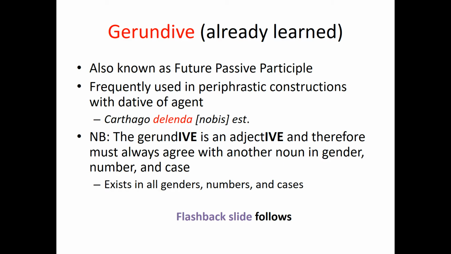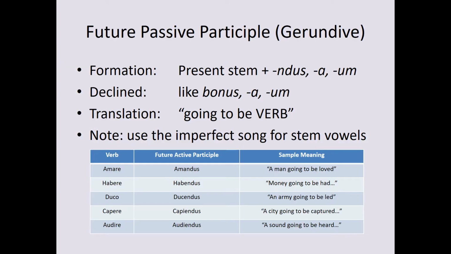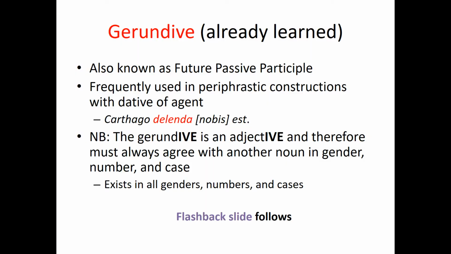So we've already talked about this topic. In fact, I have a flashback slide here that goes over the basics of how to form this thing. And so if you need a quick refresher on what this looks like, you can check here. But in reality, the most important thing to remember is that the gerundive is an adjective, and therefore it's going to agree with some noun in gender, number, and case.